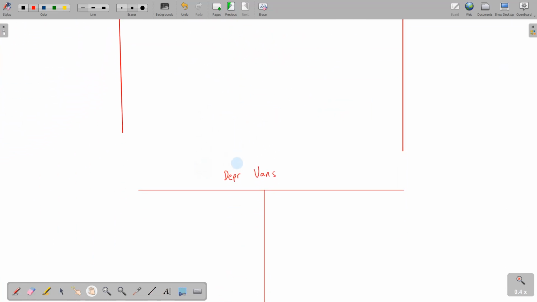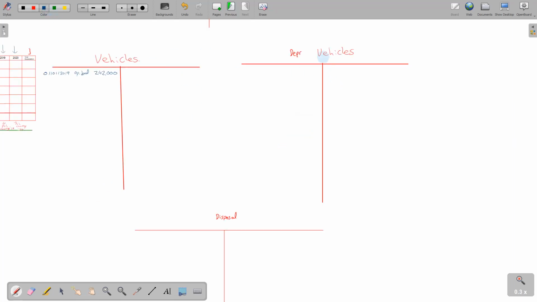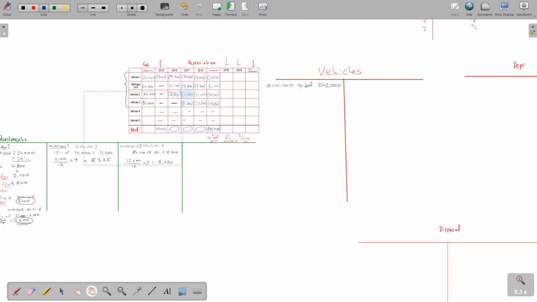Perfect. Now, because vehicles are assets, assets are plussed on the debit side, so it's a debit balance. And then we'll go down to our depreciation of, again, I said vans. I should have said vehicles. So for depreciation of vehicles, on the 1st of the 1st, 2019, our opening balance is the accumulation of all of our depreciation for vehicle 1, so that's 2015, 16, 17, and 18.